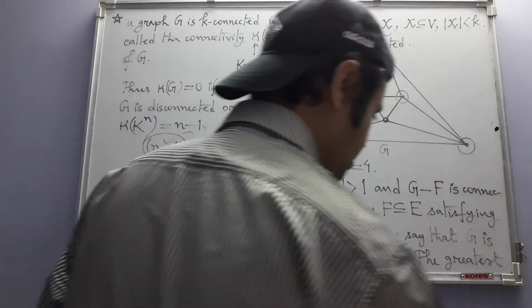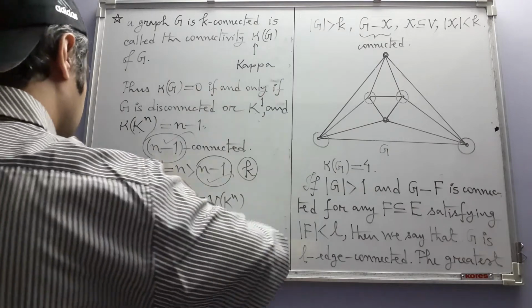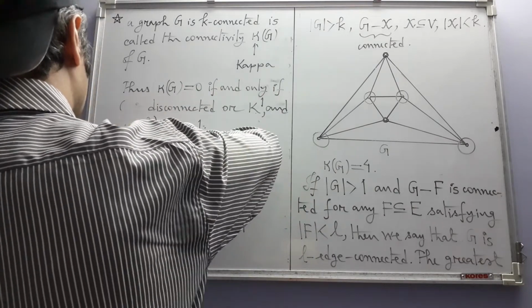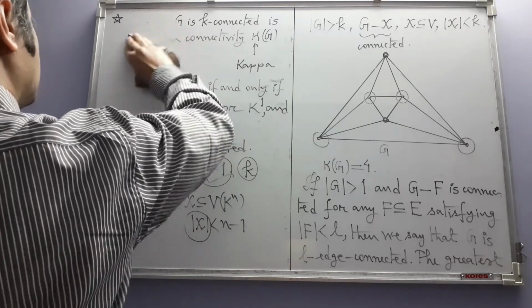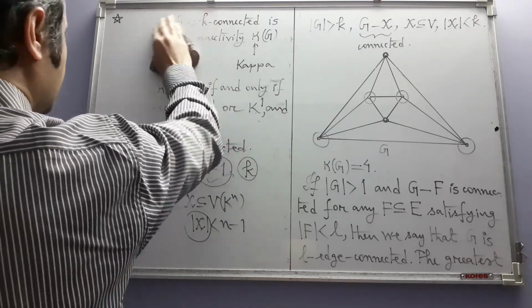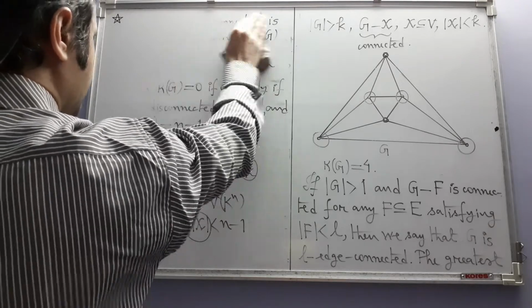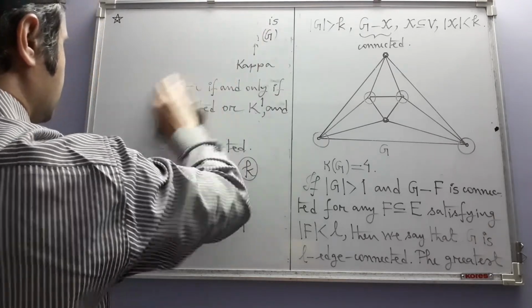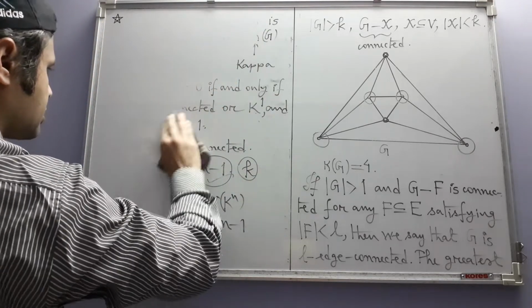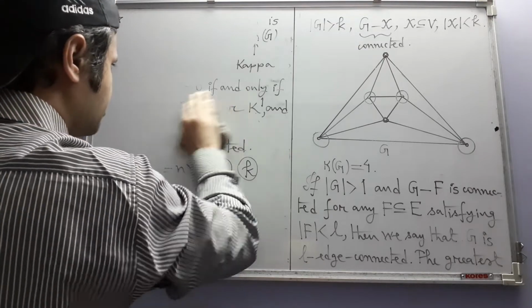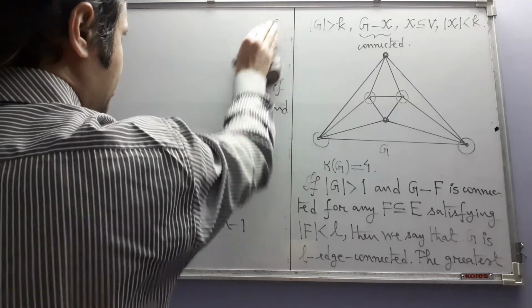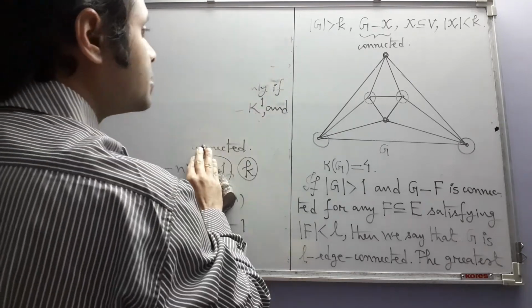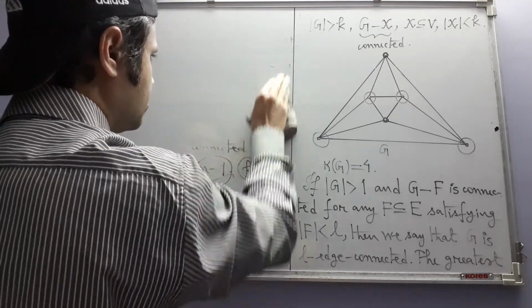The greatest integer L for which G is L edge connected is called the edge connectivity of G, just like the simple connectivity or vertex connectivity. And there also the definition of edge connectivity has a similar interpretation.